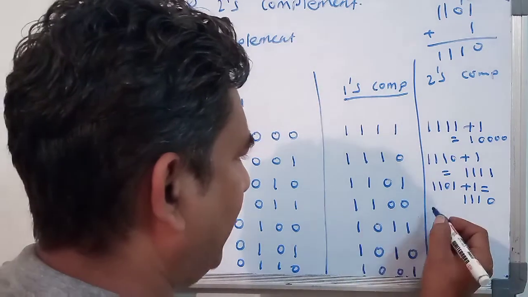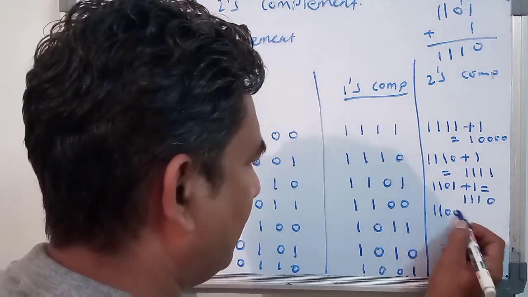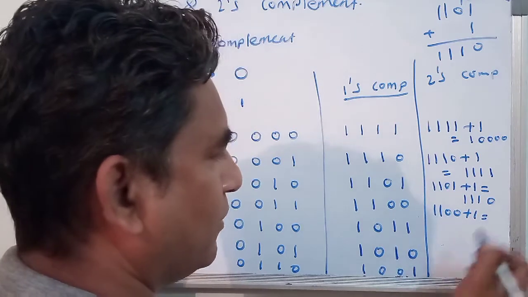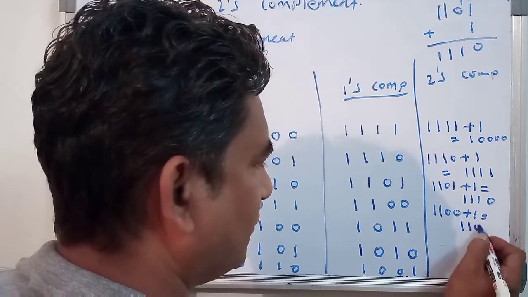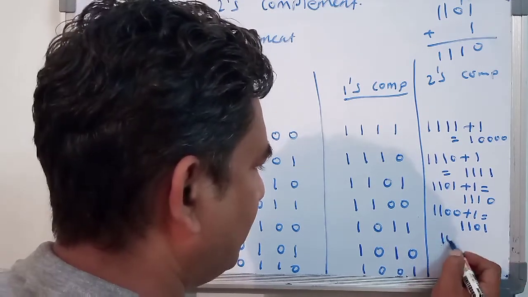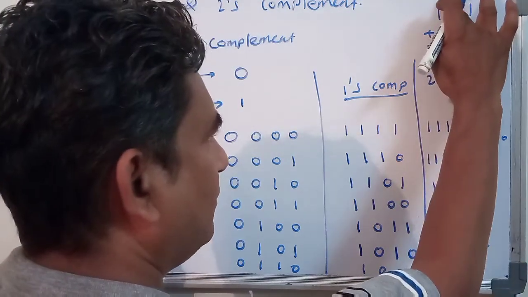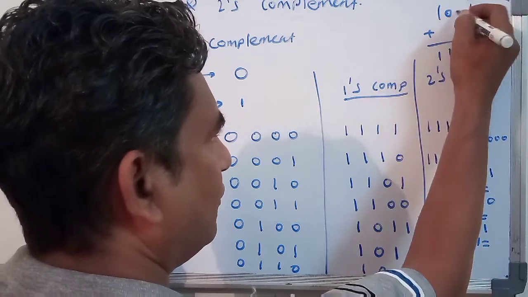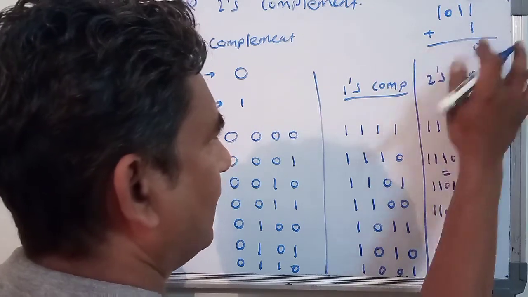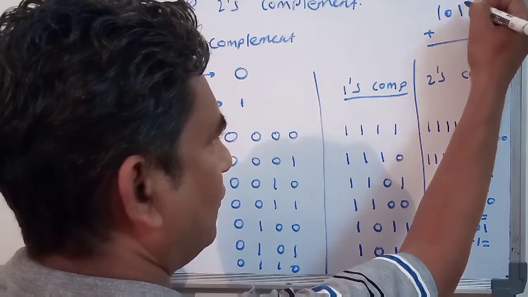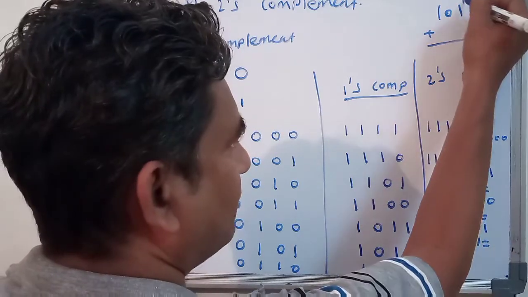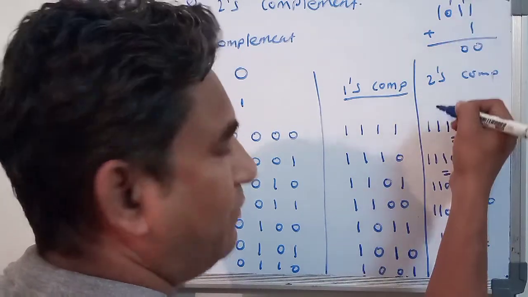Then next, 1, 1, 0, 0 plus 1 is equal to 1, 1, 0, 1. Again 1, 0, 1, 1 plus 1: 1 plus 1 is 0, again 1 will be carried. This 1 plus 1 is 0, 1 will be carried.